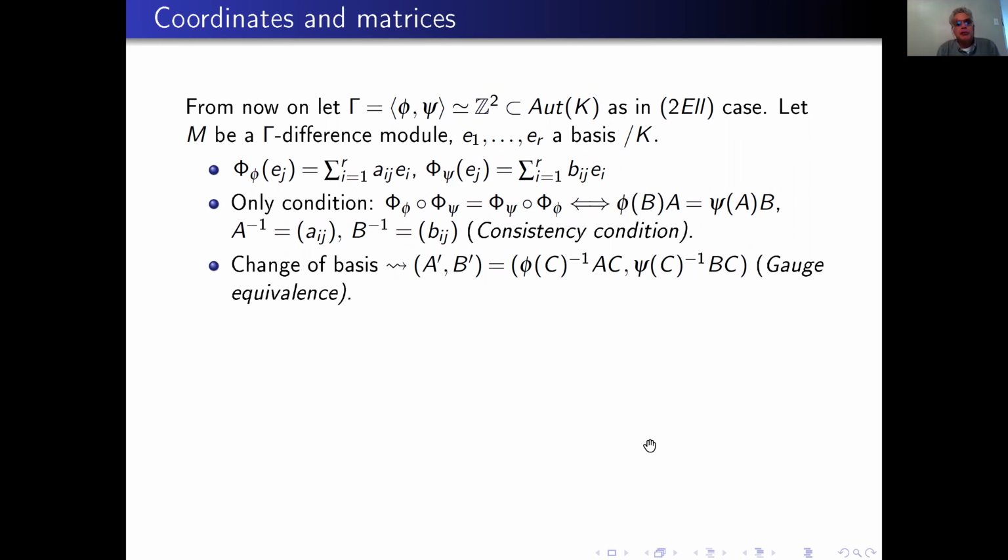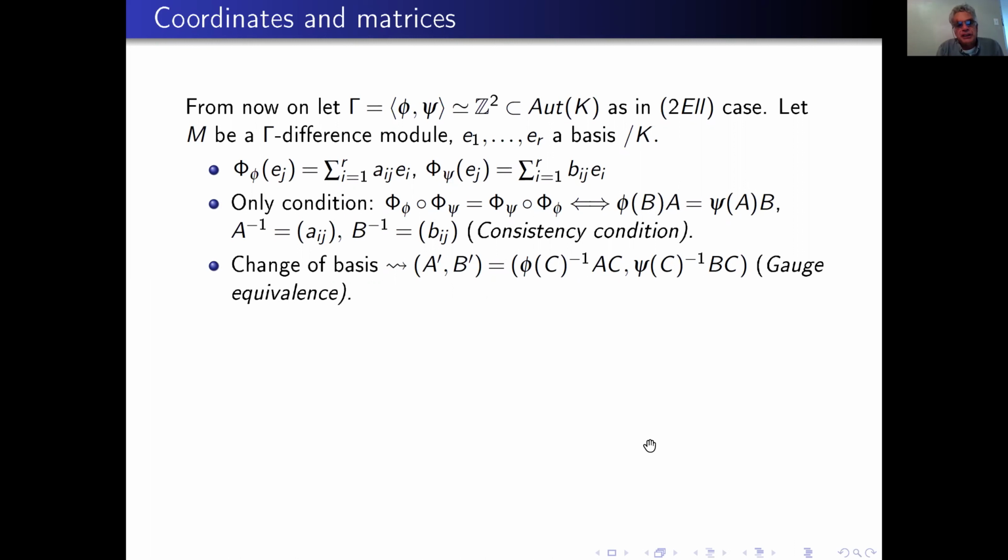And as in linear algebra, you want to fix a basis and express everything in terms of coordinates. So you can express in the basis of K the operator phi_phi and the operator phi_psi. You get matrices A_ij and B_ij as in linear algebra. Traditionally, it's just a convention, in this case you call capital A and capital B the inverses of A_ij and B_ij, but we can live with this.